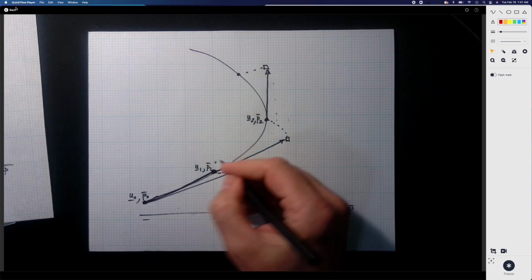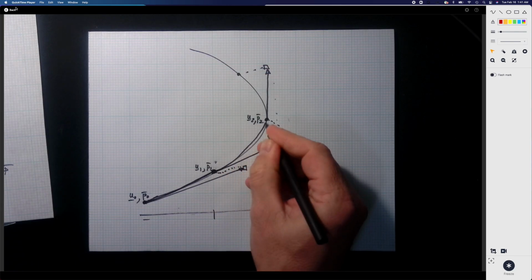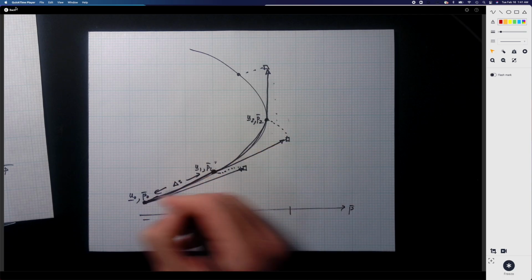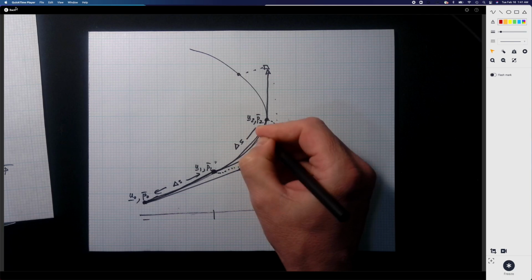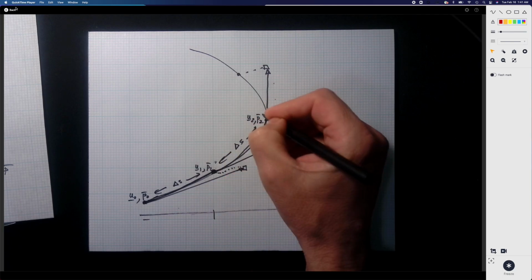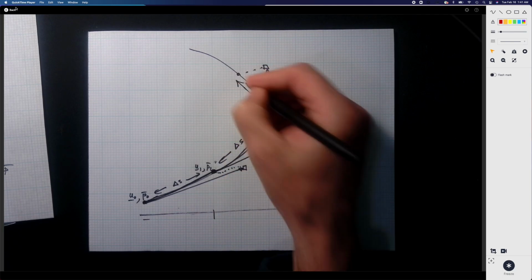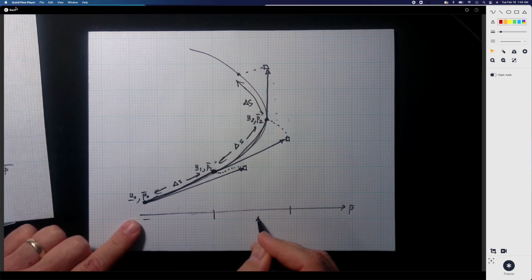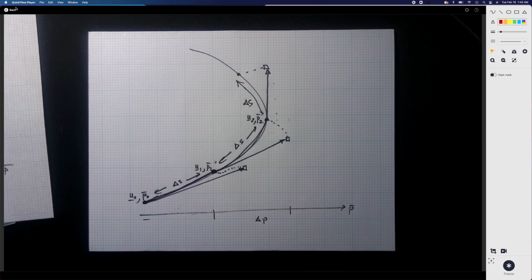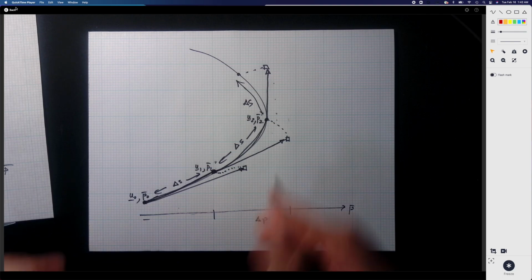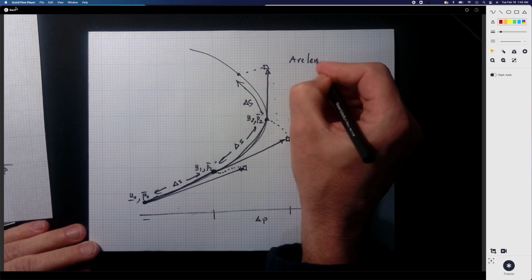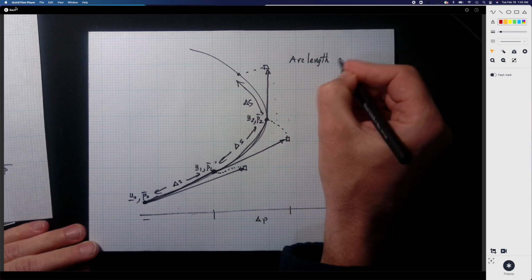So what we have instead are these distances here along the curve, which we're calling delta S. These are going to be fixed size. Instead of having fixed delta P's, right? The delta P's will not be fixed. All right, so this is called the arc length continuation.